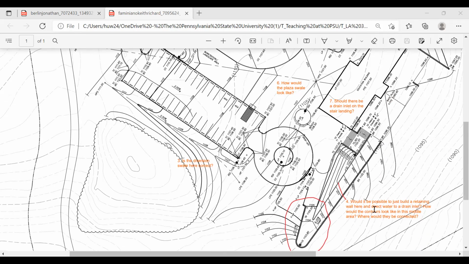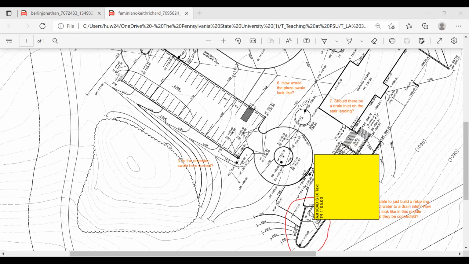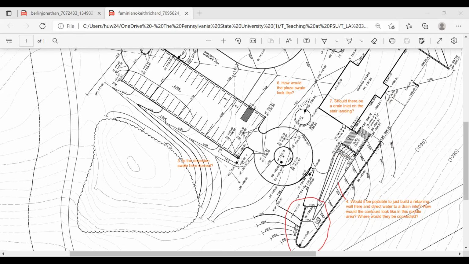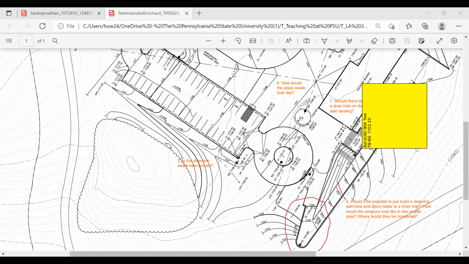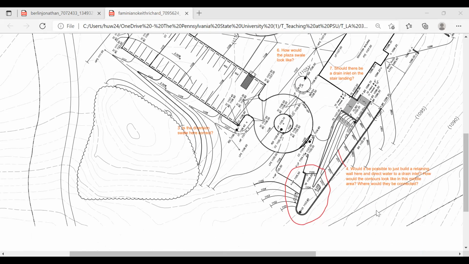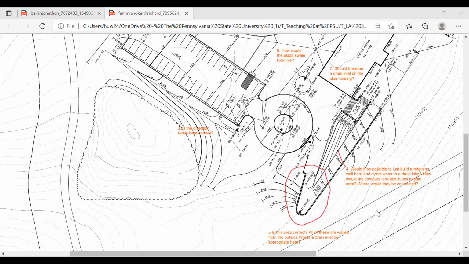I think it's mainly that this elevation here is very high at 105. Then you don't have any space in between to go down to 109.6. That's probably the primary reason why you could not connect back.